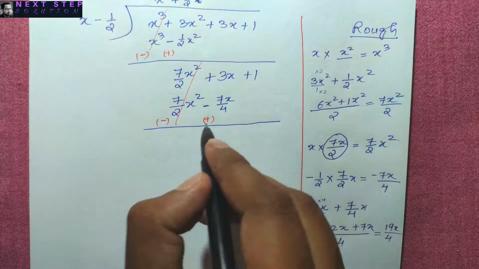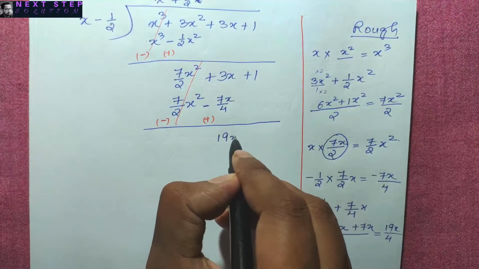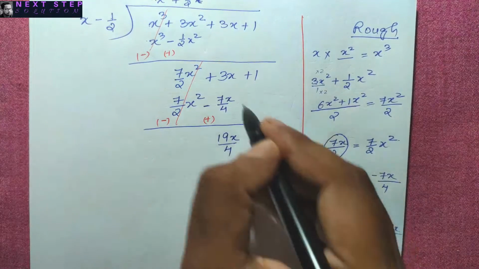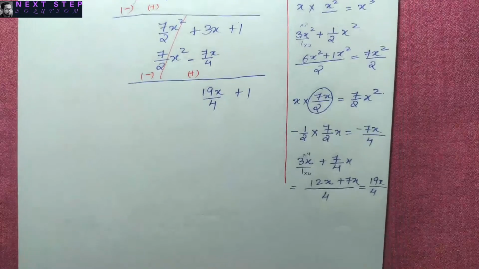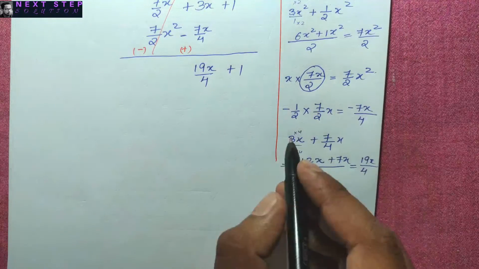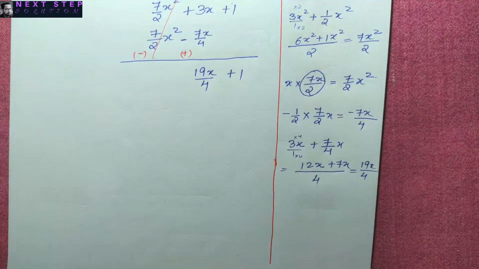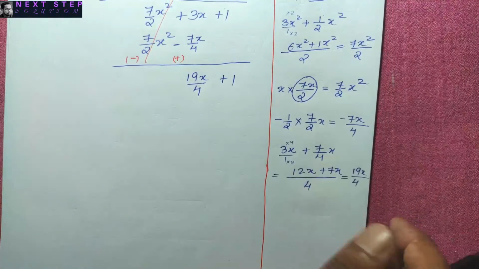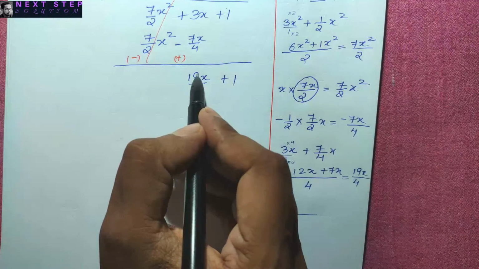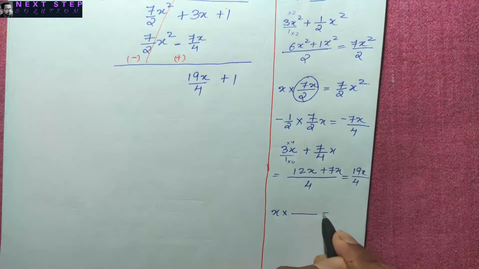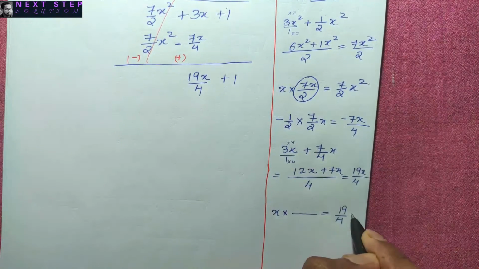So we have 19x by 4, and the other number we just bring it down as it is. Now furthermore, we need to multiply x with something and get 19 by 4x.